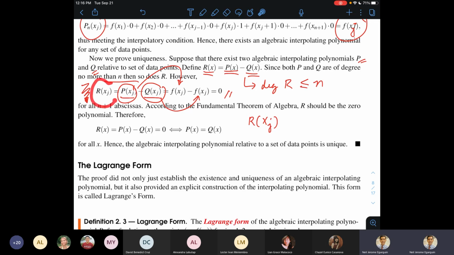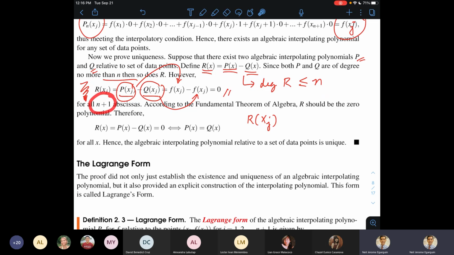So ibig sabihin si R ay isang polynomial na merong n plus 1 roots. Pero sabi ng fundamental theorem of algebra, if you have a non-zero polynomial of degree n, then it will have at most n roots or n zeros. But here we got a polynomial of degree no more than n, pero it has n plus 1 roots.